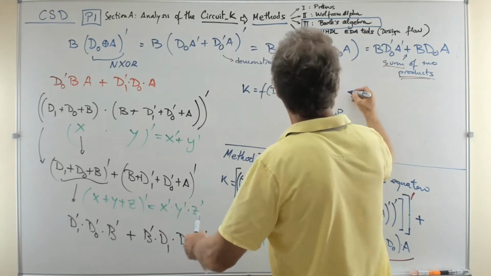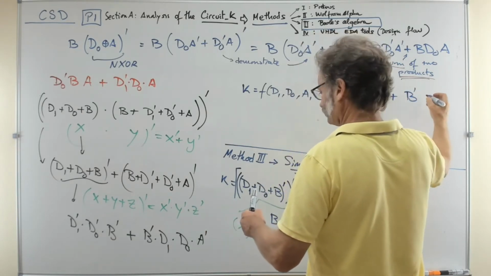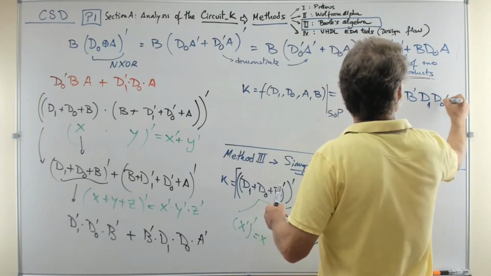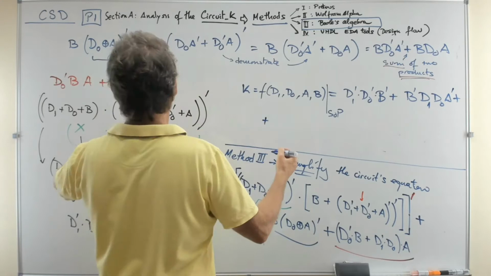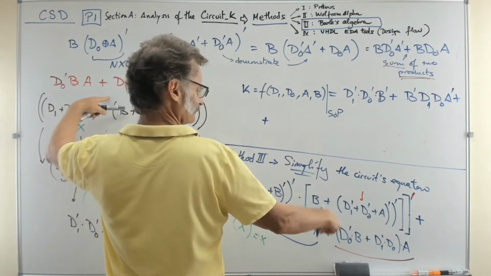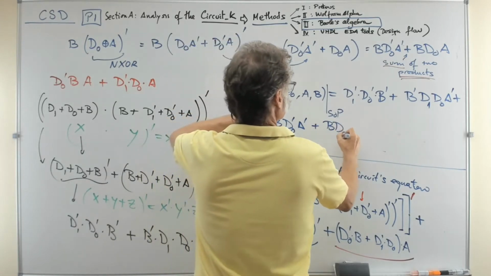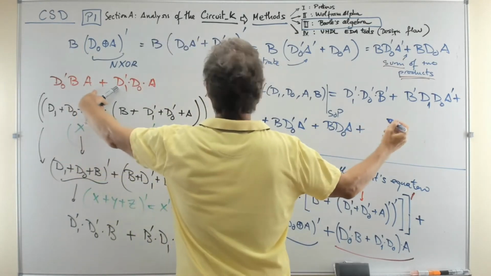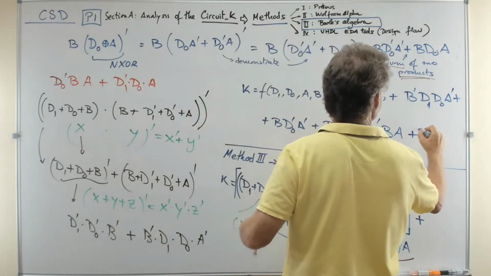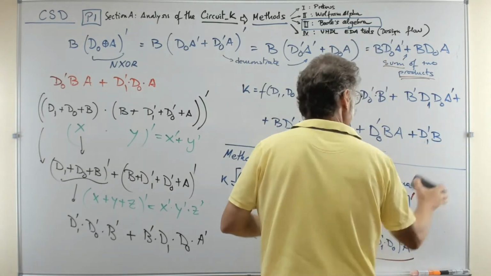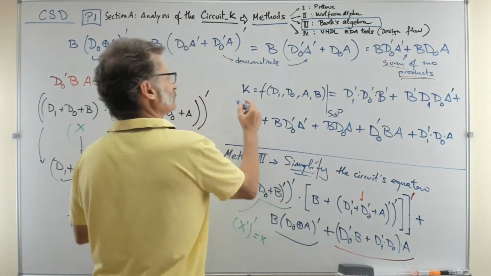The sum of products is just d1 not and d0 not and b not, or b not, d1, d0 a, or a not, or the one that we've got here, for example, b, d0 not, a not, or b, d0 a, and finally the one here which is in red, d0 not, b, a, or d1 not, b, d0, a. That's it. So this is the key.